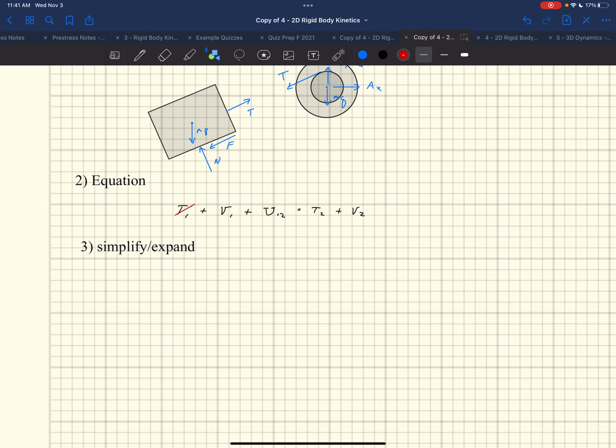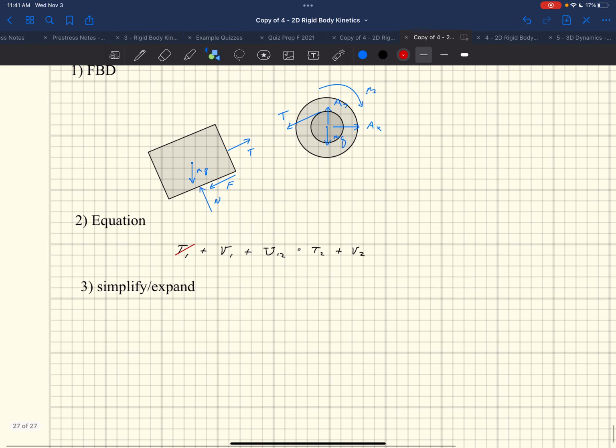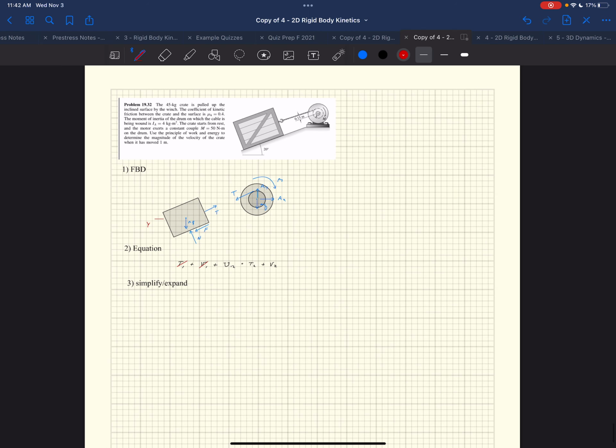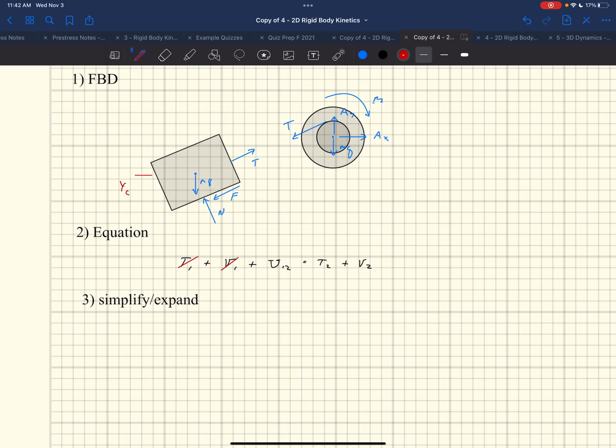And then it depends on how we pick our datum, right? I'm going to pick my datum so that it's 0 at the bottom at state 1. We'll come back to that later, but I get to do that. There's no springs involved, and so there's only one thing changing height. I'm going to set, right here, we'll do that right now, I guess, Y of the crate, we'll call that YC1 equals 0.